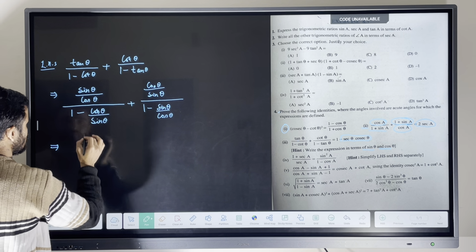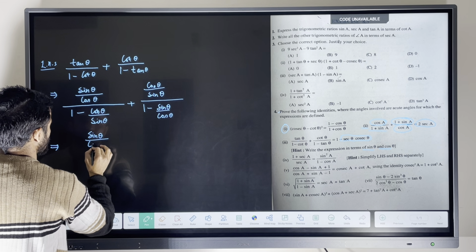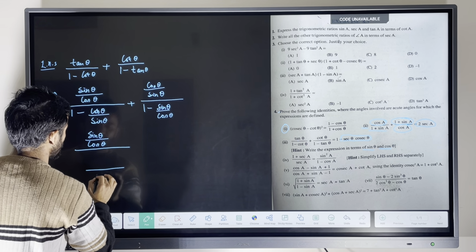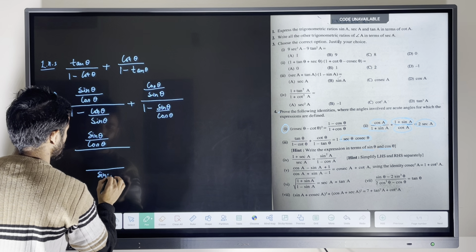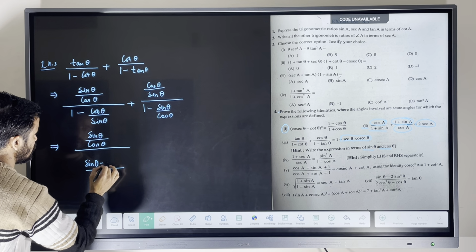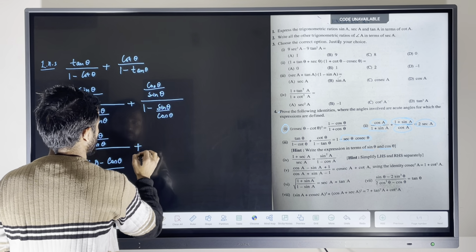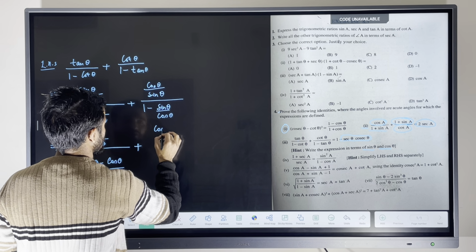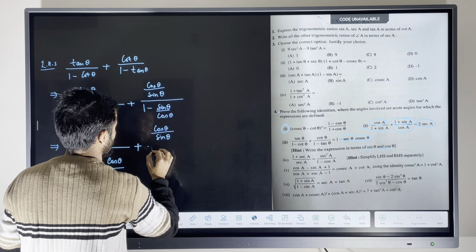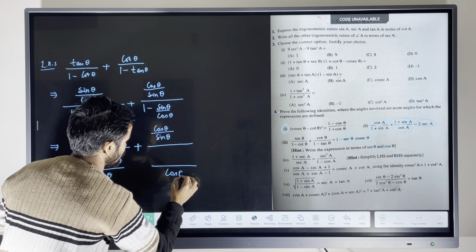Now it will remain as it is, that is sin theta on cos theta. Here we take LCM. LCM will be sin theta. So now it will be sin theta minus cos theta plus this will remain as it is, that is cos theta by sin theta, and here we will take LCM. LCM will be cos theta.